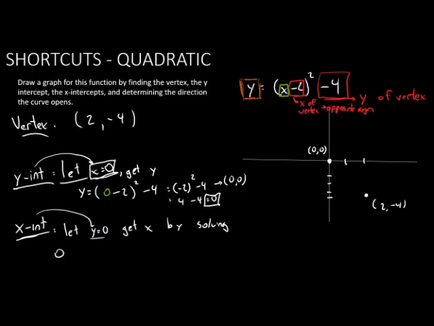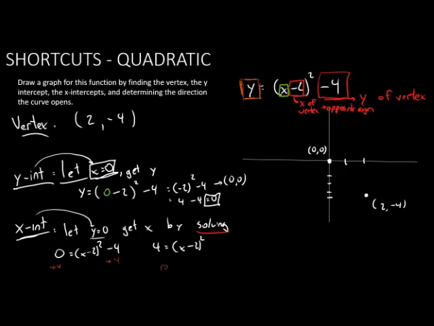So we'll have 0 equals x minus 2 squared minus 4. Now when we solve, we will move the 4 over to the other side. This will give us positive 4 is equal to x minus 2 squared.